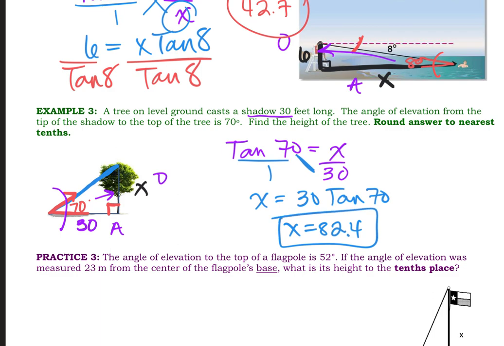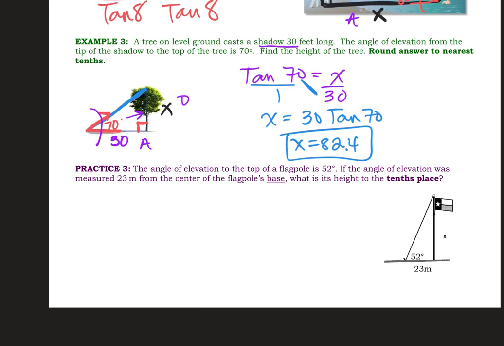All right, yours already has the numbers, so we're just going to try solving that one real quick, okay? According to the 52, what two sides do we have? Opposite and adjacent, and that makes it a tangent function. So tangent of 52 is equal to, and this is another what?